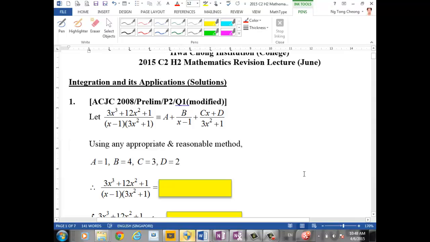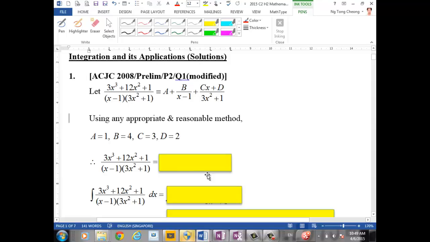I'm not going to show you the detail of how you can find your unknowns. Generally, what you should do is compare coefficients, and that will allow you to find the unknowns.